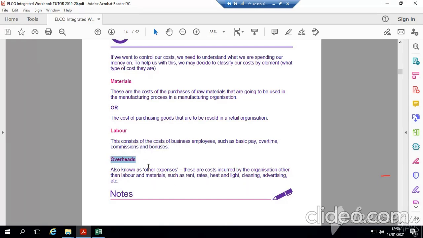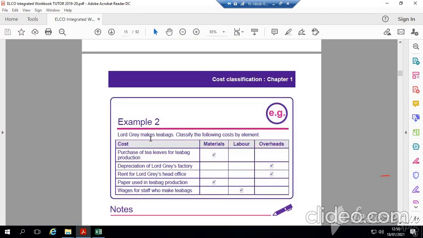Let's look at another example relating to cost classification by element: material, labor, overhead. Say purchase of tea leaves or tea bags. This is going to be production, relating to production, so it is going to be material.